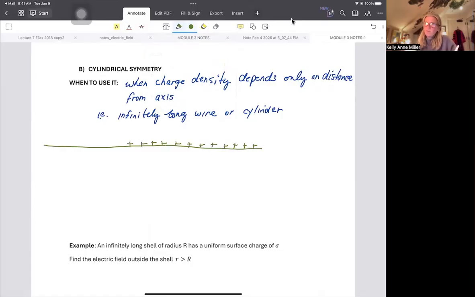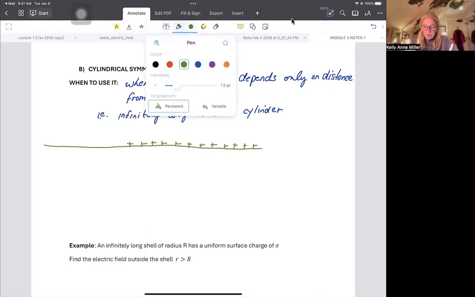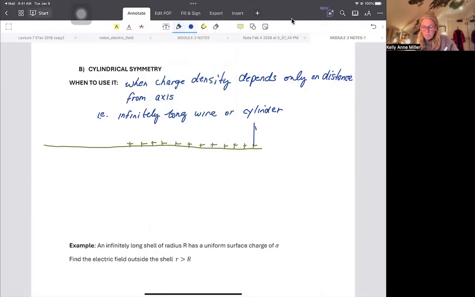It's the same question, always the same question: I want to know what the electric field is at some specific distance away from the wire. Let's say I want to know the E field here at point P.